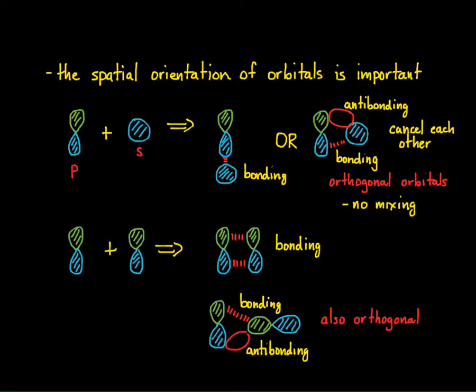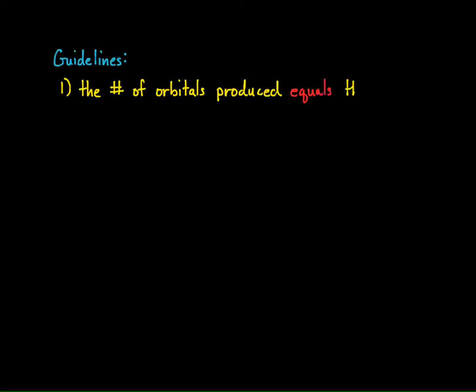Now, how do you figure this all out? Well, there are some guidelines that if you follow, it starts to make it a little bit easier in terms of predicting molecular orbitals from atomic orbitals, right? The first one is, again, the number of orbitals produced equals the number of orbitals you are combining, right?